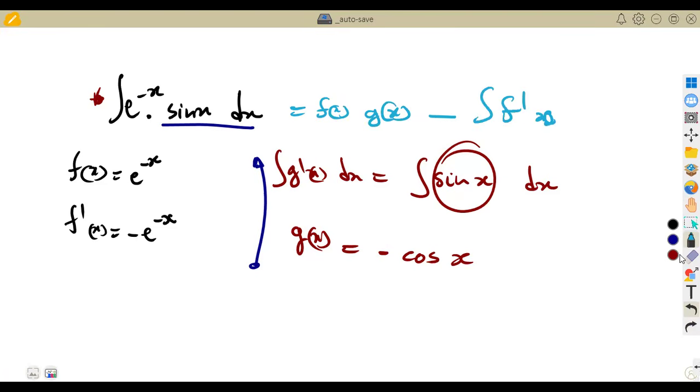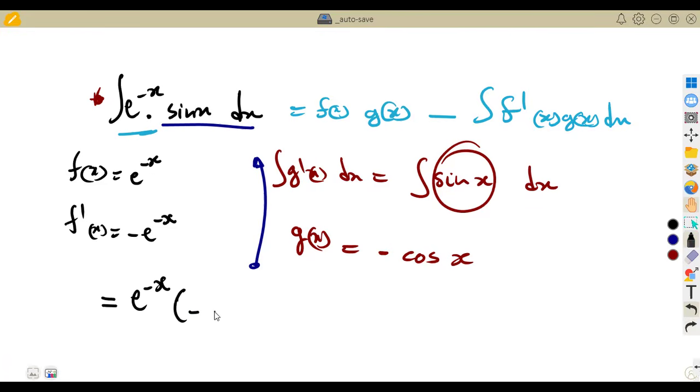The formula is not going to change, whether we are working with another by parts. So from this integral of e to the exponent of minus x sine x, what are we going to have? We are going to have f of x, which is e to the exponent of minus x, times g of x, which is minus cos x.